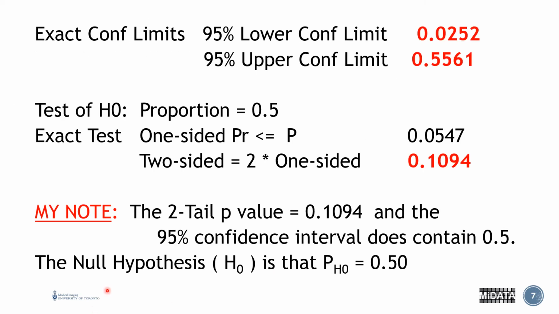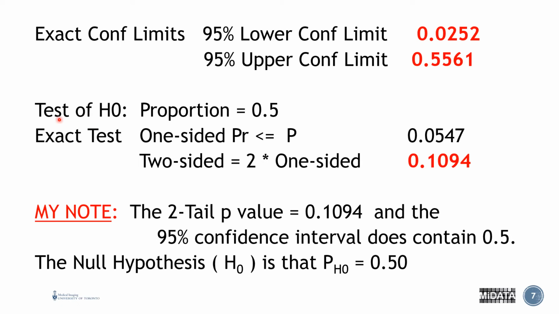So as a refresher, you'll remember that SAS calculated the exact 95% confidence limits for the sample proportion of 0.2, and you'll remember that the range of the confidence limits included 0.5, which is our hypothesized null value.